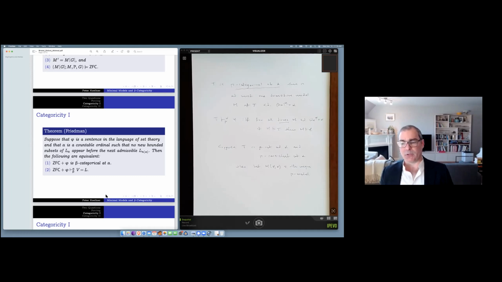Then over the next admissible, you can deal with the language for all sentences of length alpha, and then you can pin down a well-founded model using Barwise compactness, and then you omit that set, and so you get a perfect set of models around if your sentence is implying V doesn't equal L.